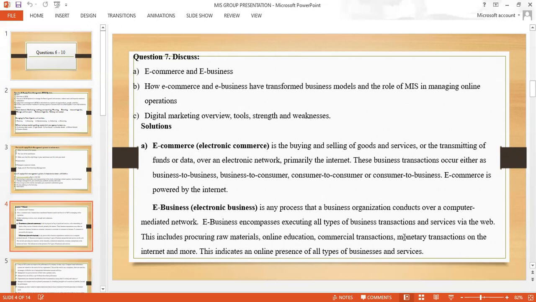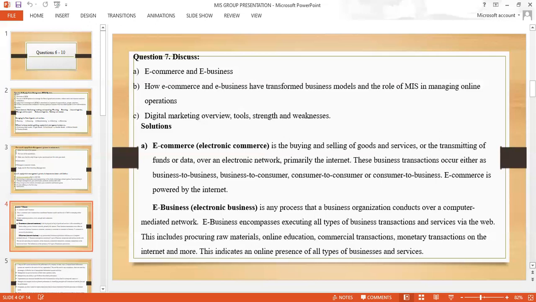E-commerce is the buying and selling of goods and services or the transmitting of funds or data over an electronic network, primarily the internet. These business transactions occur either as business to business, business to consumer, consumer to consumer, or consumer to business.